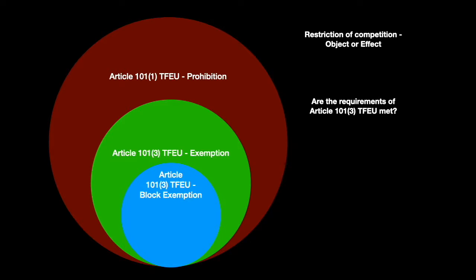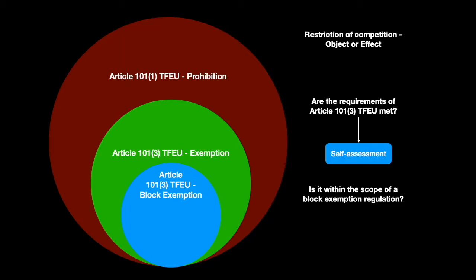So in this case, we have a narrower circle depicting the type of agreements that would fall under the block exemption. In order to assess if the requirements of Article 101.3 are met, as we know, this involves a self-assessment conducted by the firms that are party to the agreement.